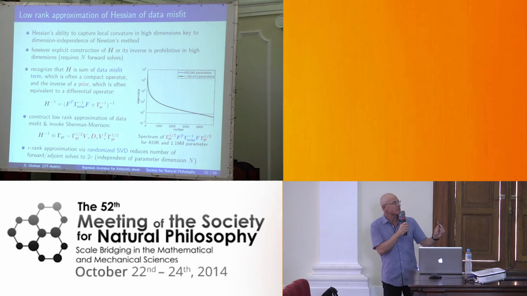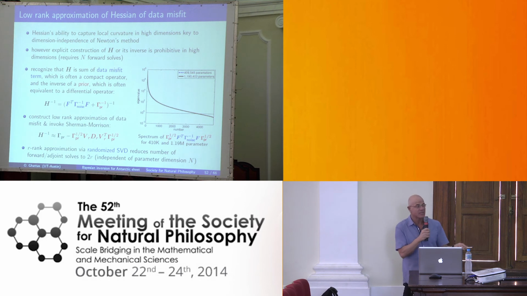So what we do, at a high level, is simply a low-rank approximation of this data misfit operator. Now, this is the prior operator, and this acts like a differential operator, so this one you can't do a low-rank approximation. But this first one, you can. So we extract these 4,000 eigenvectors. We use a technique known as randomized SVD, which works beautifully.